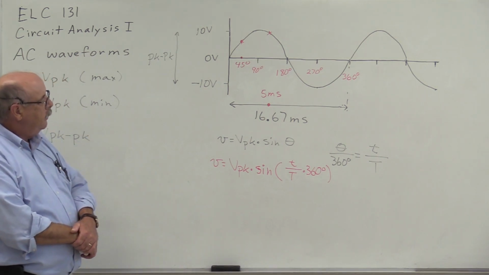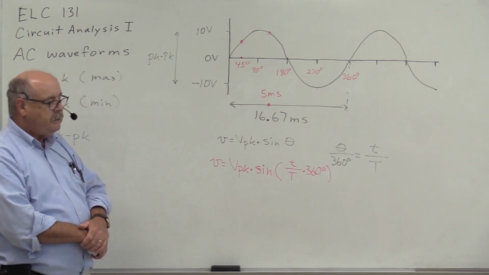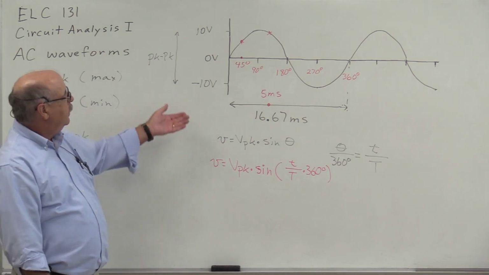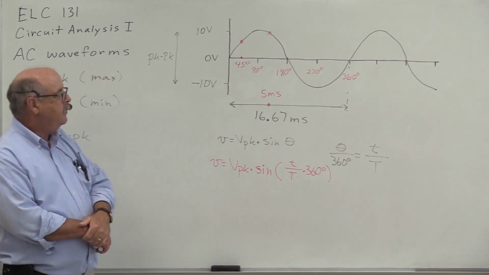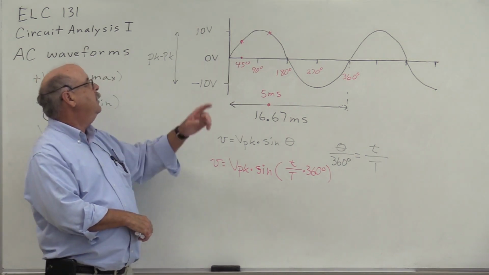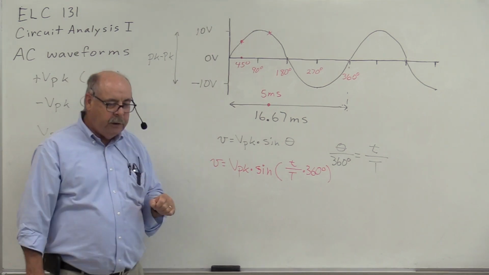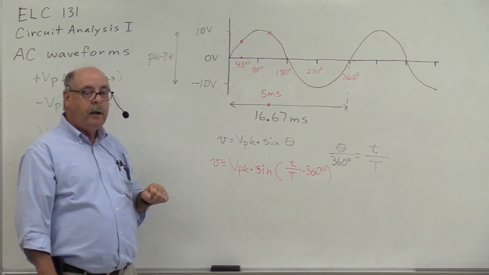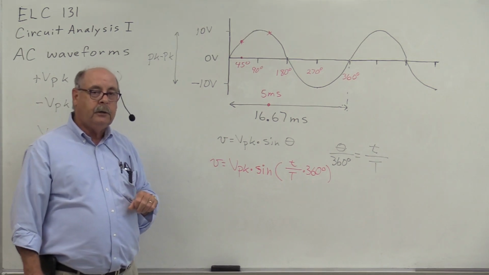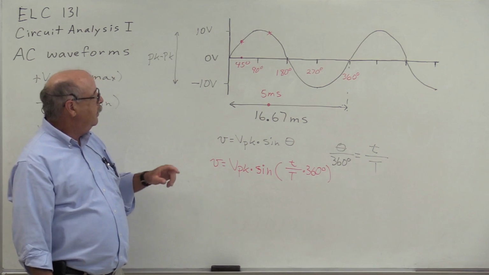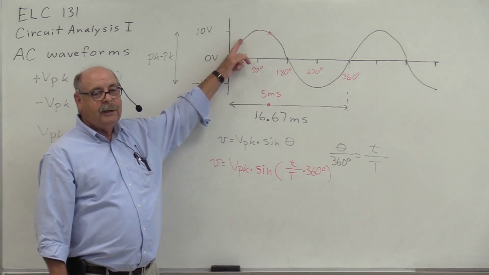So again, when quantifying and discussing these AC waveforms in the vertical domain, the y-axis, I can talk about these waveforms in terms of their peak value, their negative peak value, their peak-to-peak value, and there are also times when I need to talk about this waveform with respect to the voltage at an instant in time.